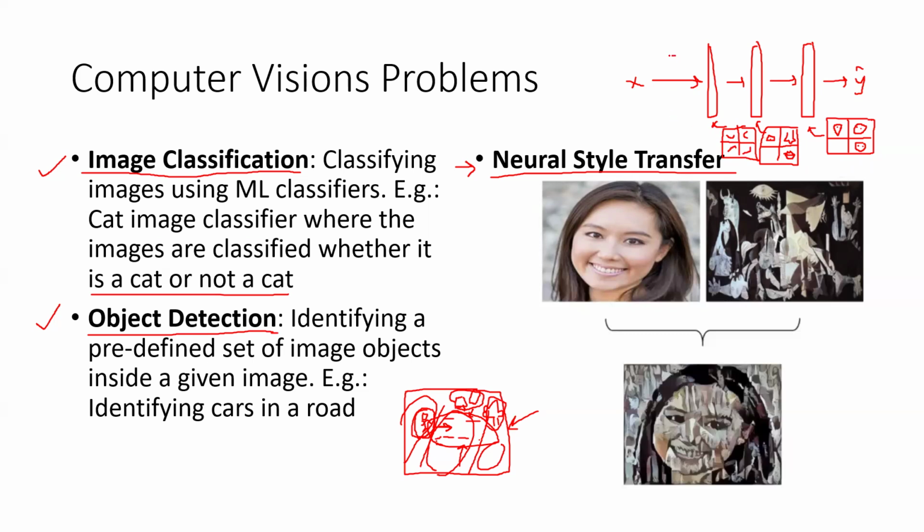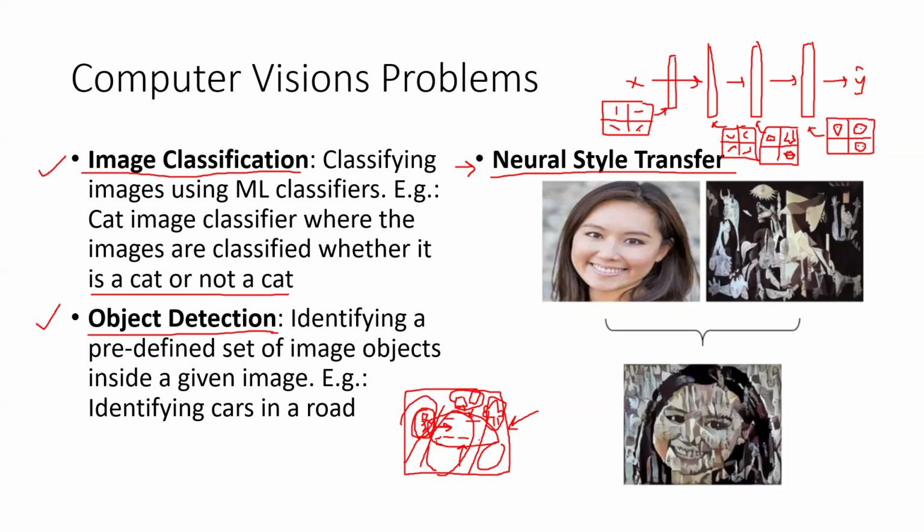If there's another layer before that, these layers would be learning even more basic concepts like the edges, right? So vertical edges, horizontal edges, diagonal edges, right?